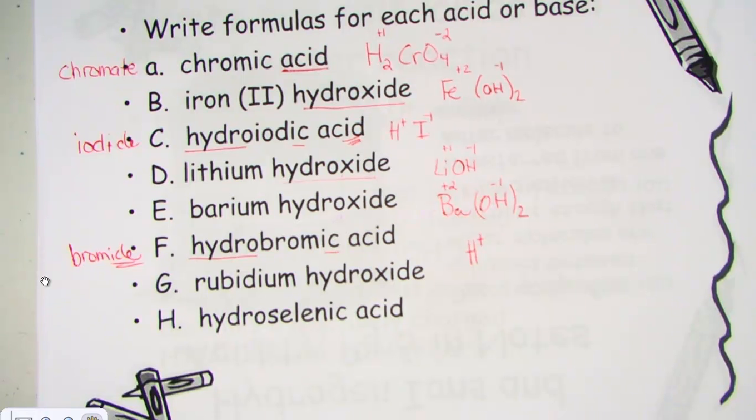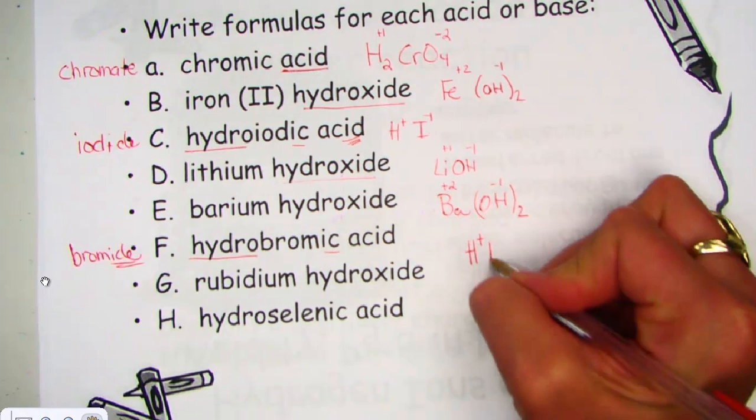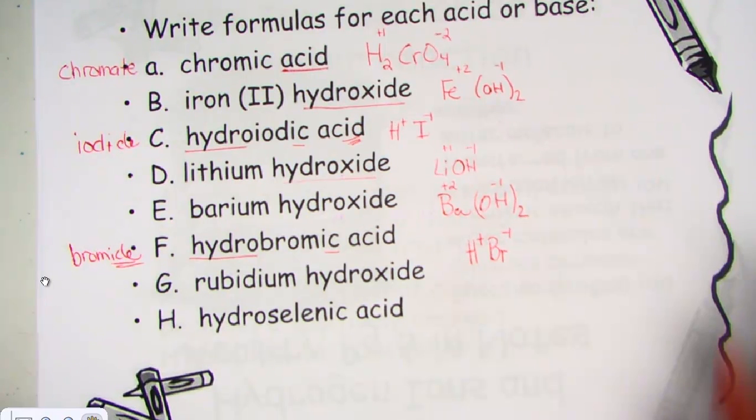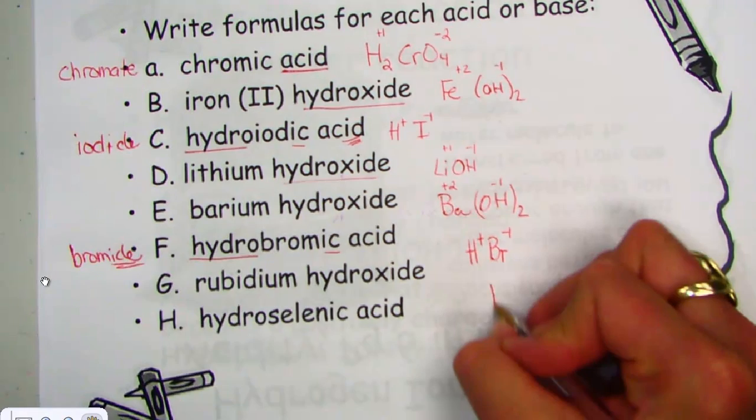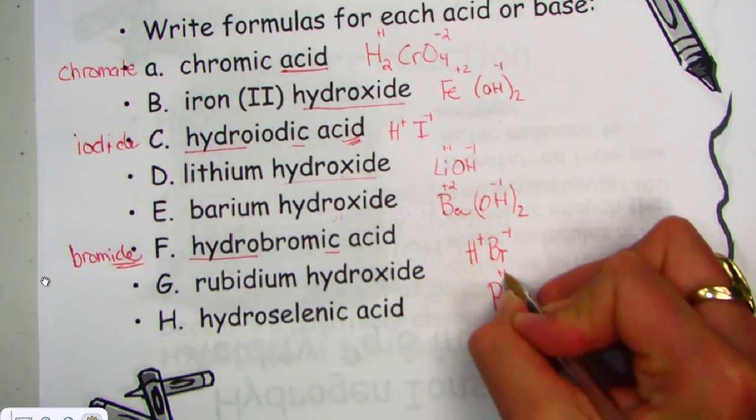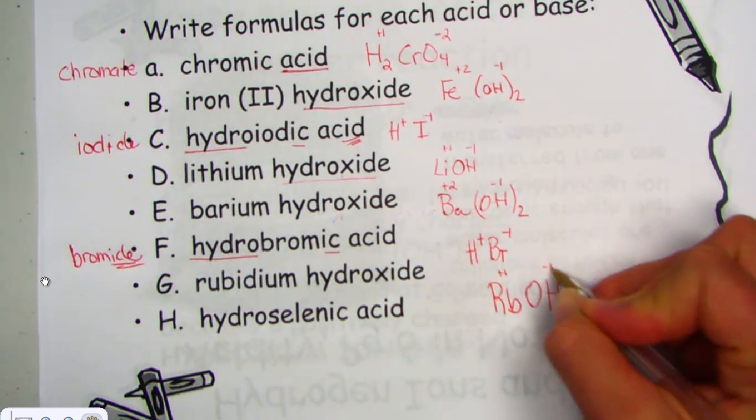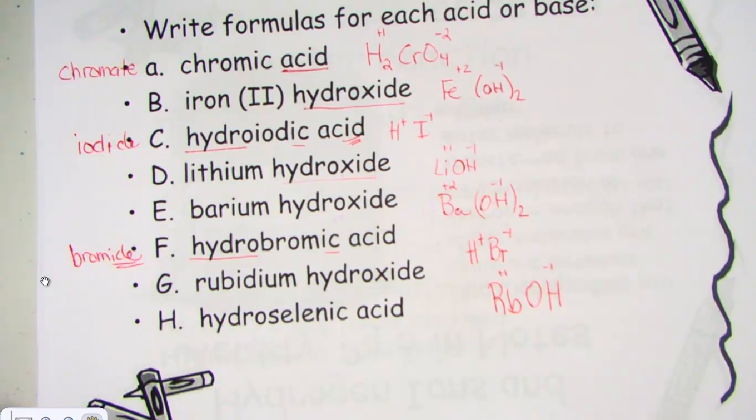We looked at the 7th family, fluoride, chloride, bromide, iodide, hydrobromic acid, HBr. Rubidium hydroxide. Rubidium, first column carries a +1. Hydroxide, our base ion, RbOH, rubidium hydroxide.